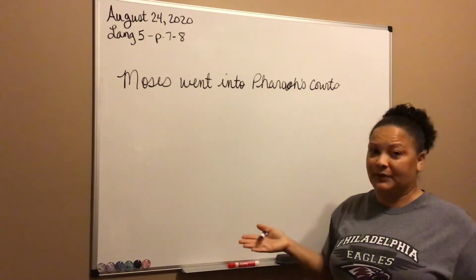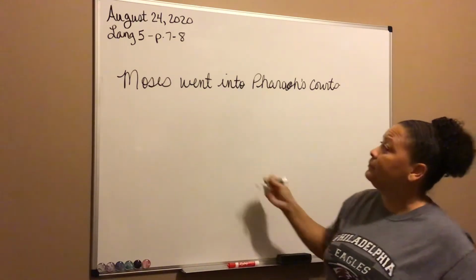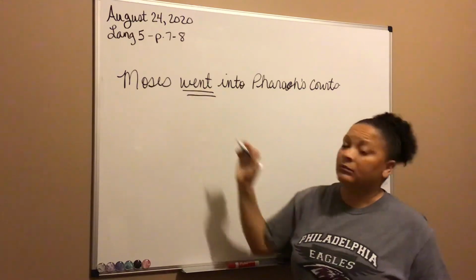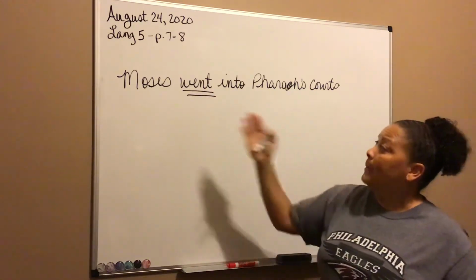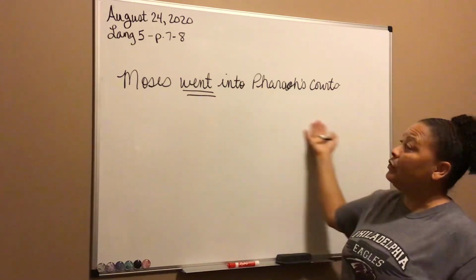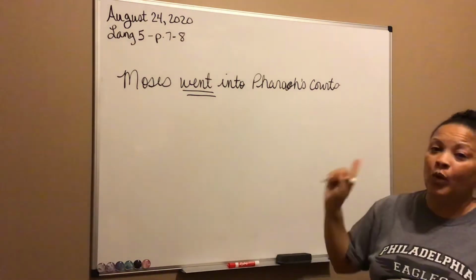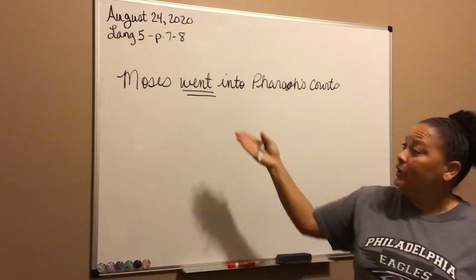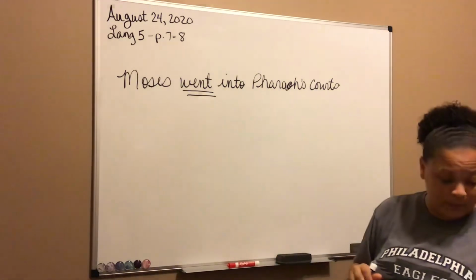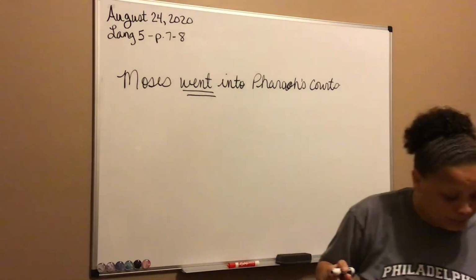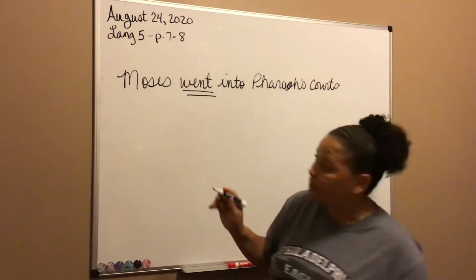What is the action? Went. Right? Moses went. Did he do anything else? No, he only went. So there's only one verb in that sentence. You would only underline that verb.